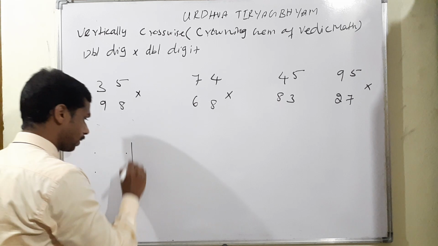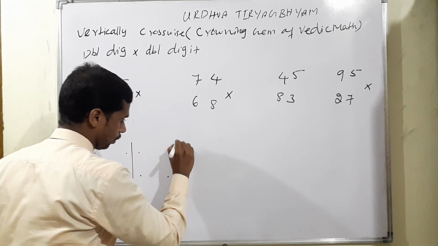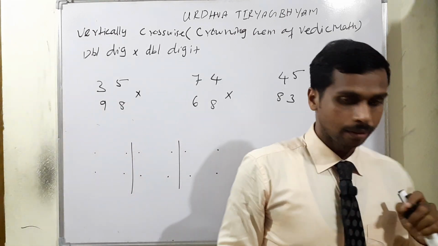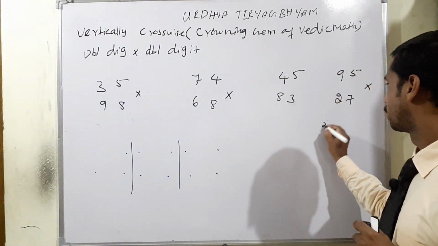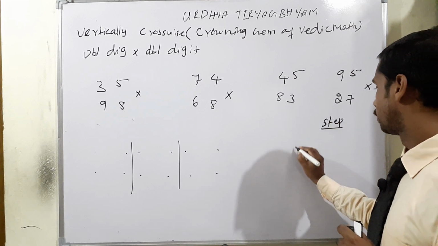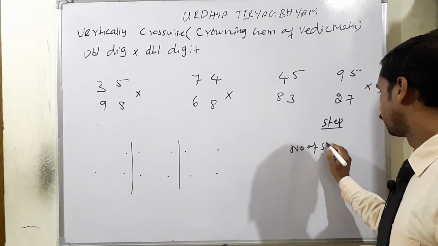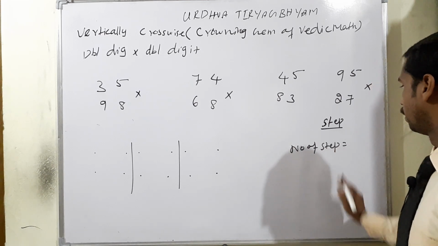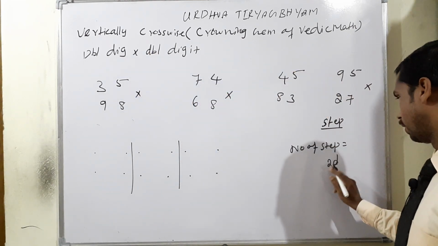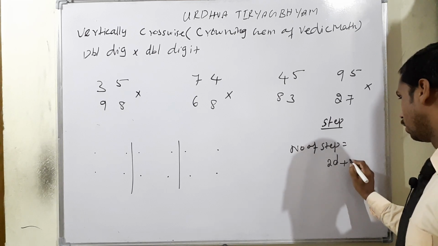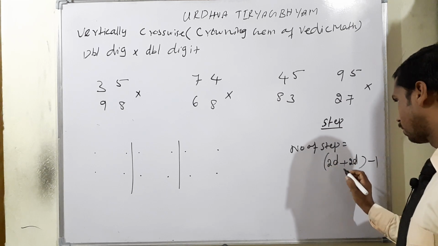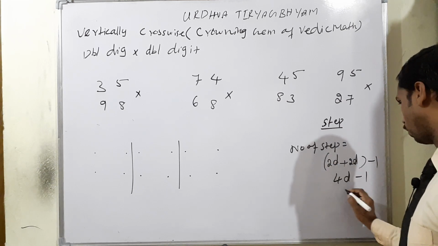How are we getting 3 steps? The number of steps is equal to, for double digit into double digit, 2 digits plus 2 digits, minus 1. So 2 digits plus 2 digits means 4 digits, minus 1, therefore 3.